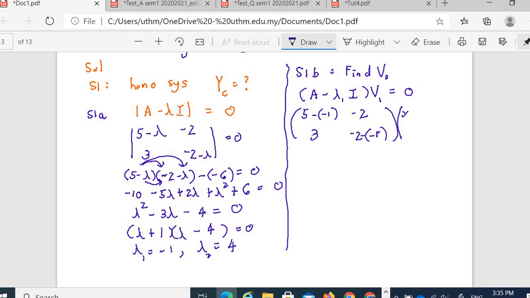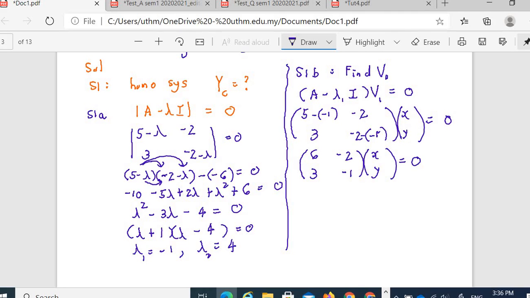V1, let it equal to (x, y), equal to the 0 vector. So you have 5 minus negative 1, 6, this is 3, this negative 2. So negative 2 plus 1, so negative 1, times (x, y) equal to 0.